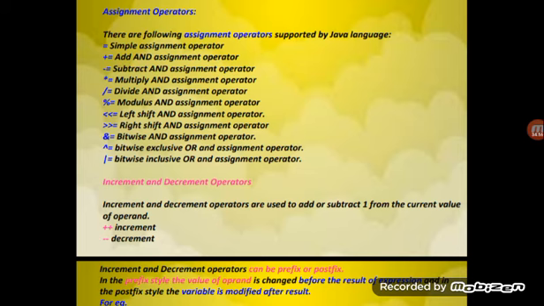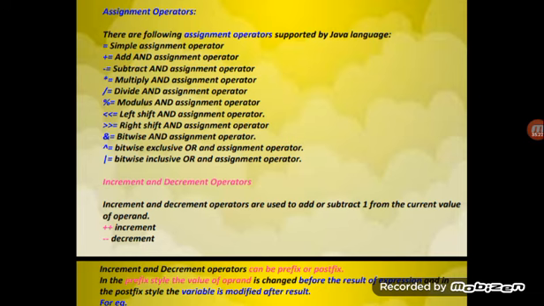And then modulus, the percentage sign with equal, is used for modulus assignment. There are also left shift and right shift operators, used when we have to move bits left or right. And then ampersand equal is the bitwise AND assignment operator.